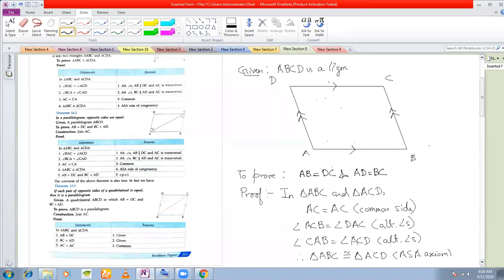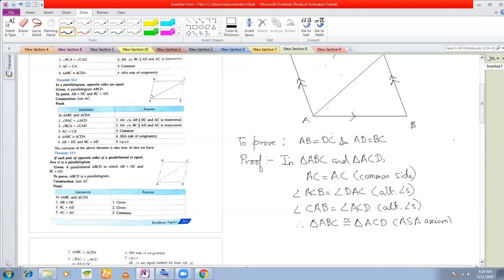Now, before proving, you have to write one construction here, that is, you join the diagonal. You have to do this construction on your own. Join this diagonal AC, or you can join BD also. Before proceeding with the proof, you write here, join AC.